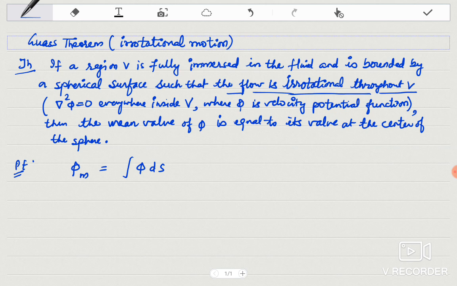Phi is the velocity potential at an arbitrary point of the surface S. So if it is phi for one point, for dS it will be phi dS, and because you have to take the mean value, you will divide it by the surface area, that is 1 upon 4 pi r square. So I have to talk about what is the variation in phi m. Okay, so we will handle it later.